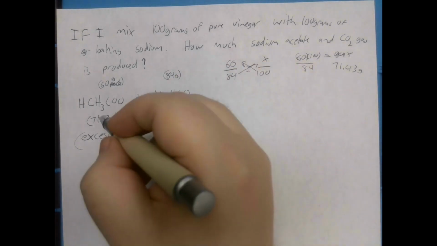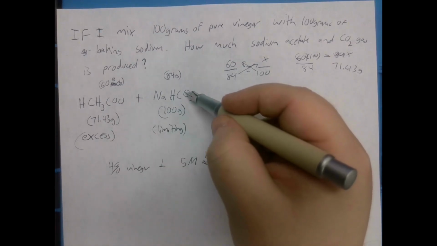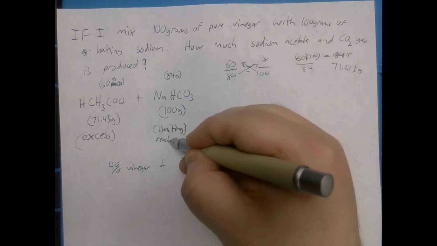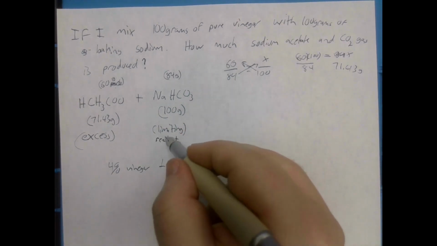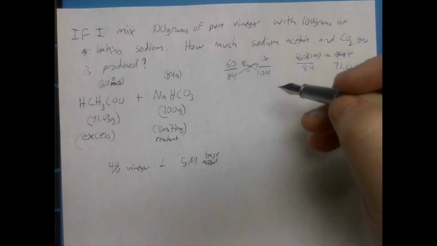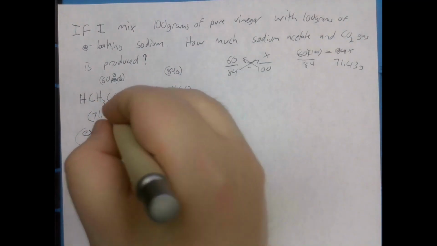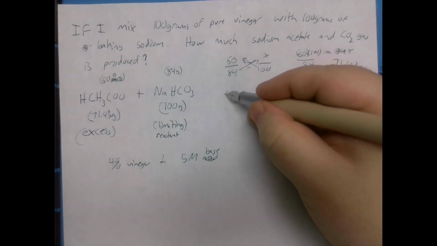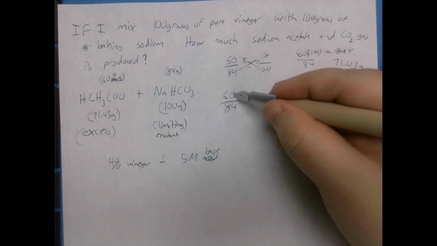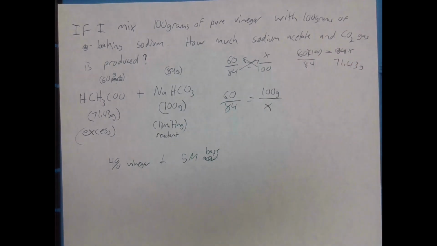But anyway, we call the vinegar here the excess, and the sodium bicarbonate the limiting reactant. It is limiting how much of the vinegar will work because we're at the max. Another little trick, by the way: let's assume wrong. Let's assume that you guessed that baking soda was in excess. So I'm going to assume that I can convert the vinegar to 100 grams. What would the X be here?